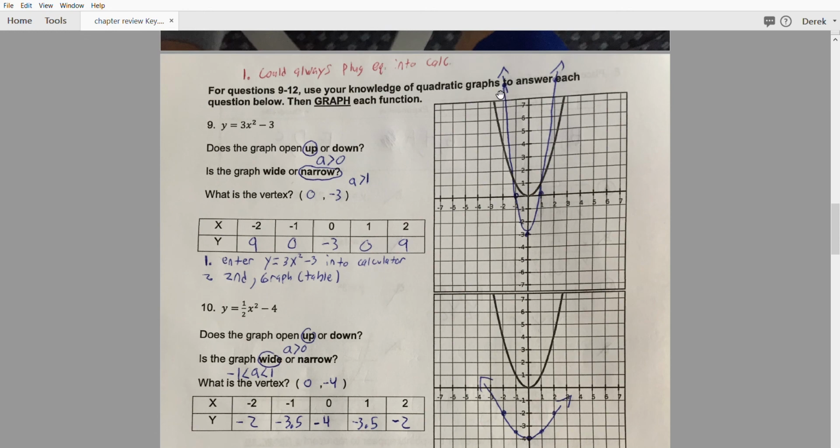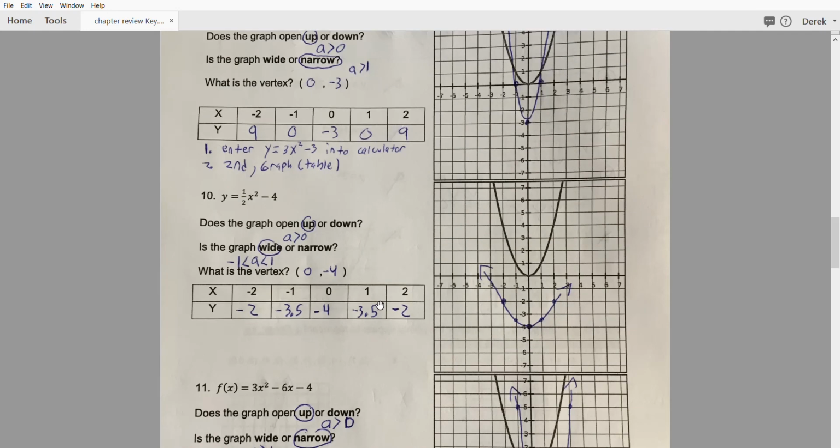Remember, we are comparing to y equals x squared. So we're asking, is it wider or narrower compared to y equals x squared? That's how we're doing it. If you understand that and you can do it on your calculator, you are good to go. If you want to understand the a values a little more, I will explain that.